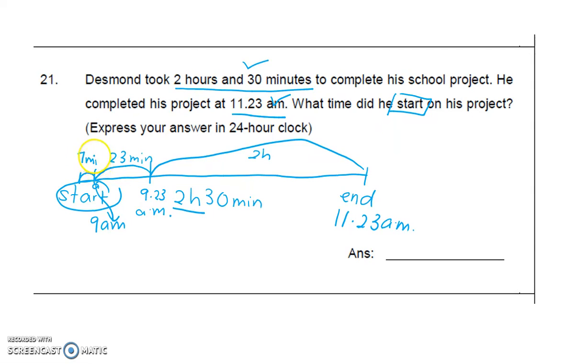What is 7 minutes before 9 a.m.? That is 8:53 a.m. I need to put this in the 24-hour clock. So giving my answer as 0853.